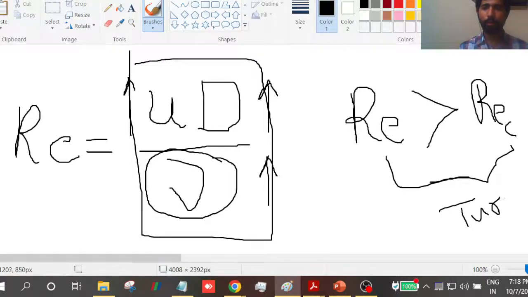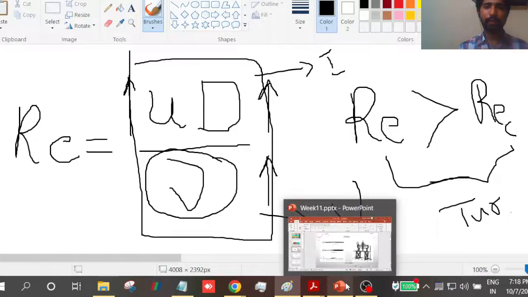This ratio corresponds to the ratio of inertial to viscous force. So when the inertia of a fluid particle is very high, you can say that the flow becomes diffusive in nature and swirls around. Those features are found.